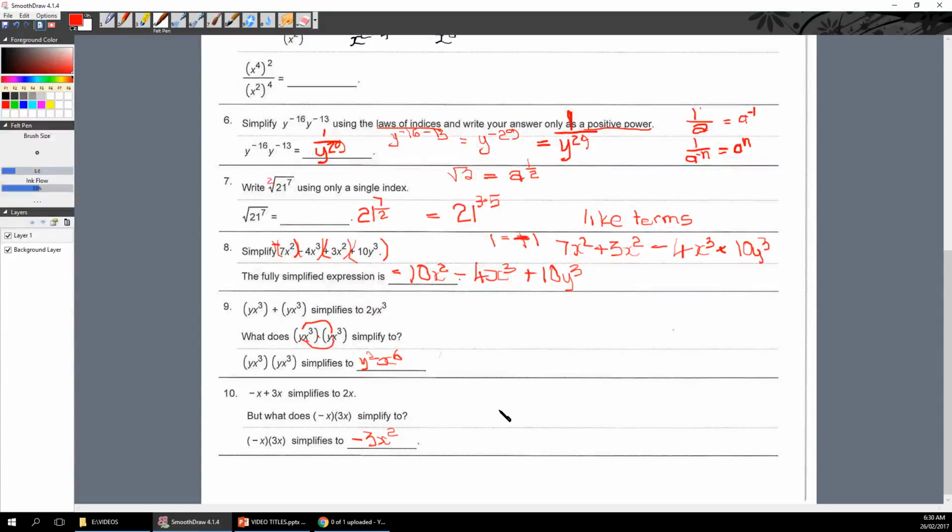So it's just a matter of it's negative x times, if you like, 3 times x, and negative 3x squared. So there you go.